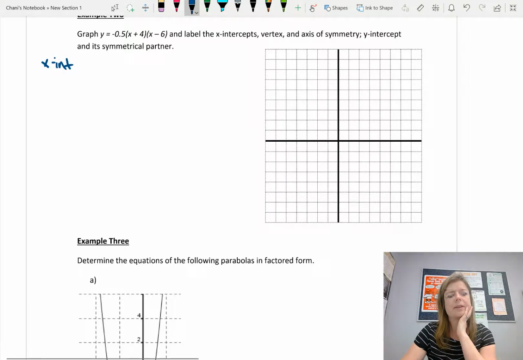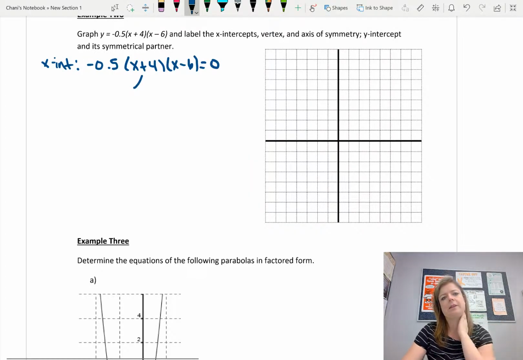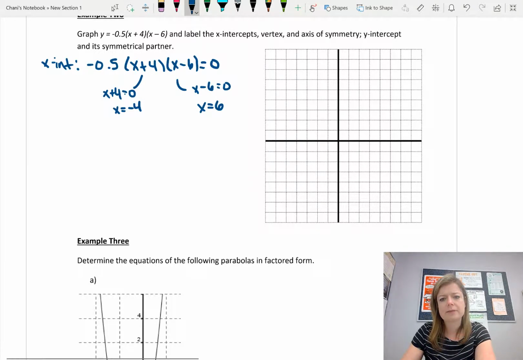I'm going to go through this a bit more quickly this time. So I take my equation and I set it equal to 0 in order to find the x-intercepts. So again, either x plus 4 equals 0, so x equals -4, or x minus 6 equals 0, so x equals 6. So we can plot those points.